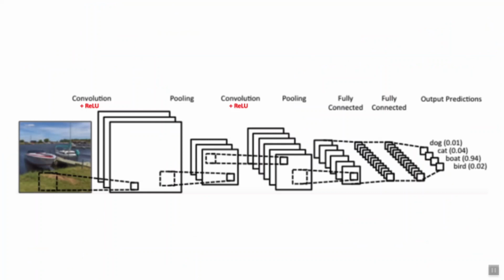Then you get repeated convolution and pooling layers until you break the image down as much as you can, and then you apply several fully connected layers, which is just a regular neural network.